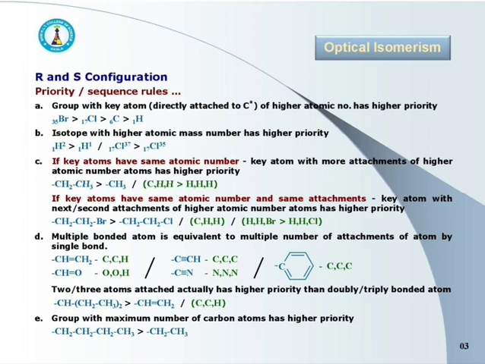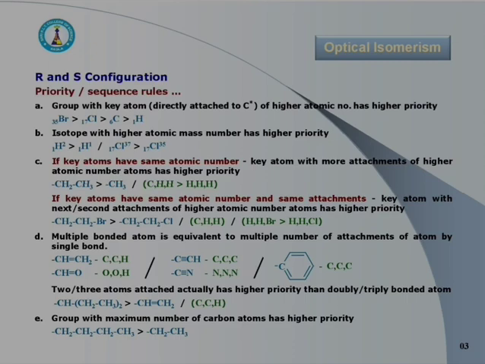See the example: CH2CH2CH2CH3 has higher priority than CH2CH3 because the butyl group has more carbons than the ethyl group. The group having the maximum number of carbon atoms has higher priority. Hence, the butyl group, as it has 4 carbons, has more priority as compared to the ethyl group.